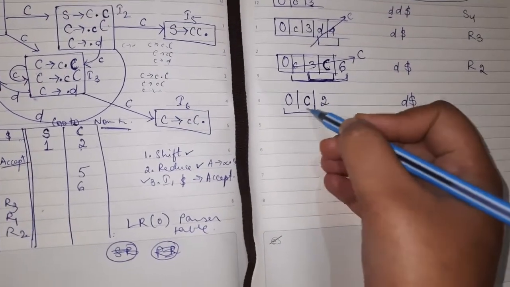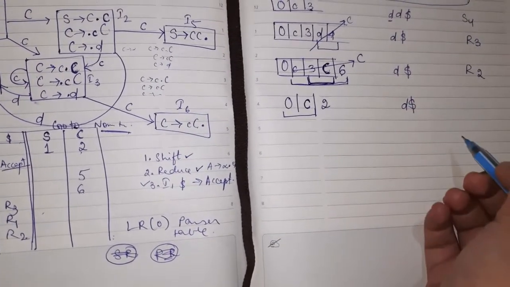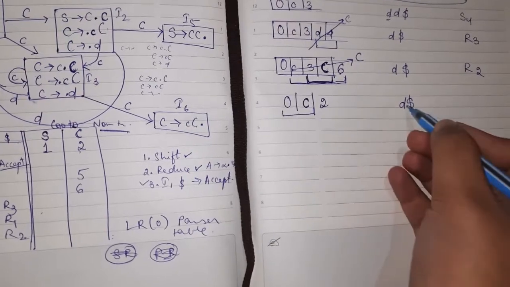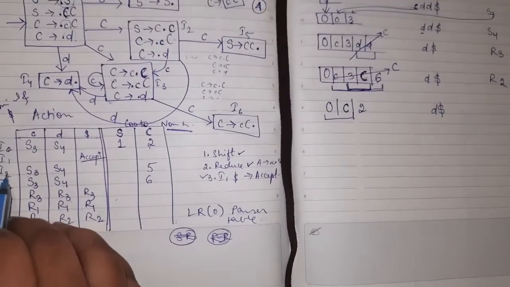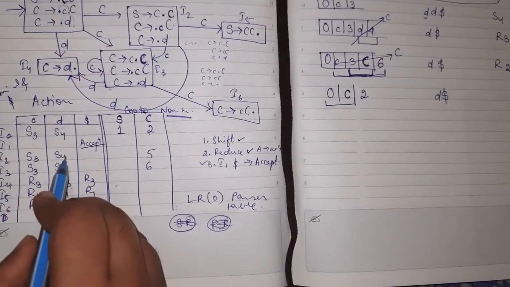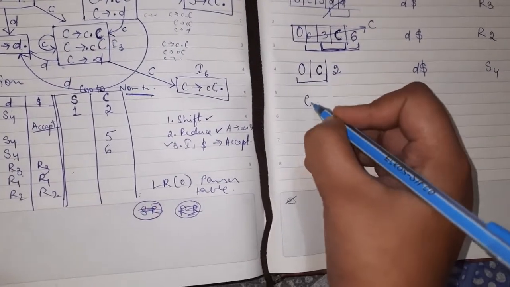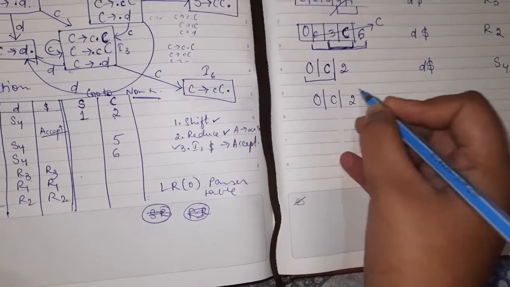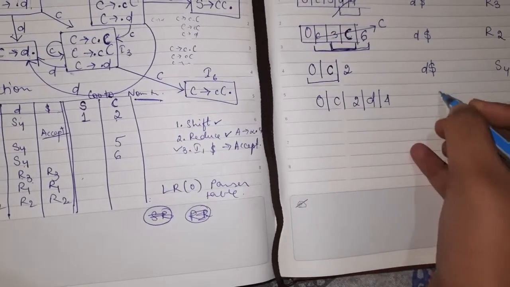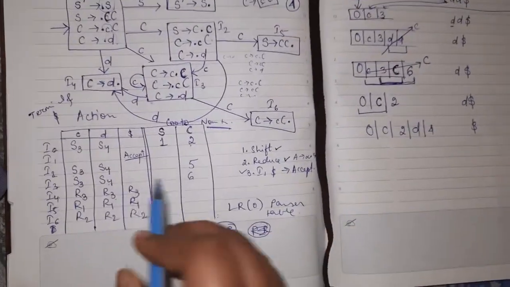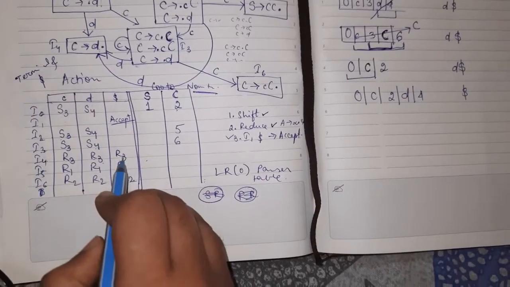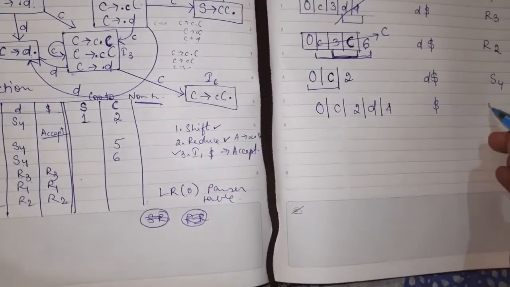Then 2 with D, what is the relation of 2 with D? It is S4. So 0, C, 2, D and 4. Then dollar. 4 with dollar is R3.